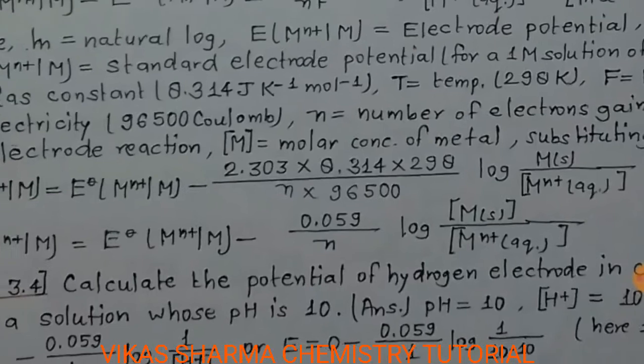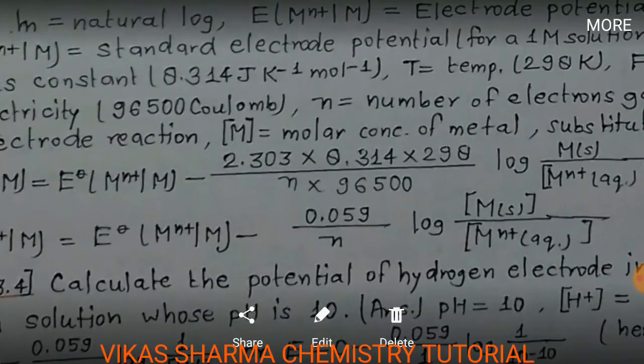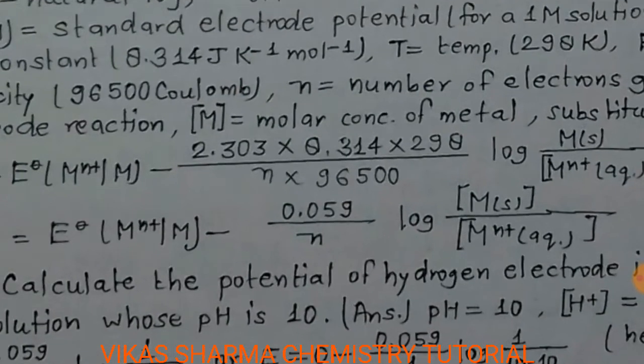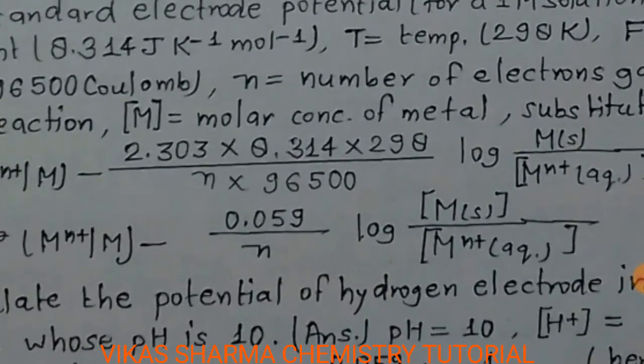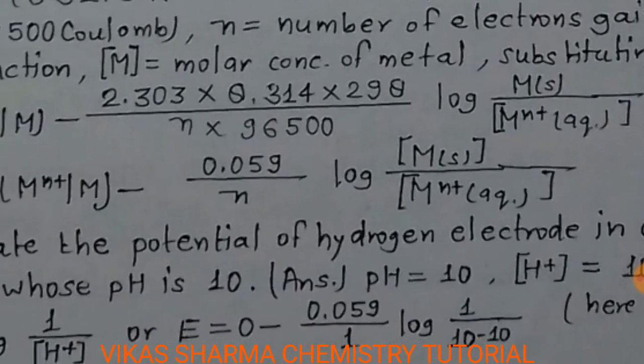So the equation is E of M^n+/M equals the standard electrode potential minus 0.059 divided by n, log of M anode over M cathode.